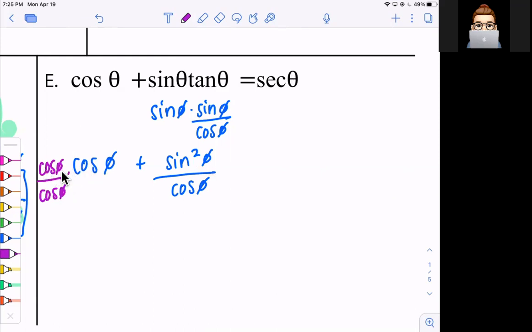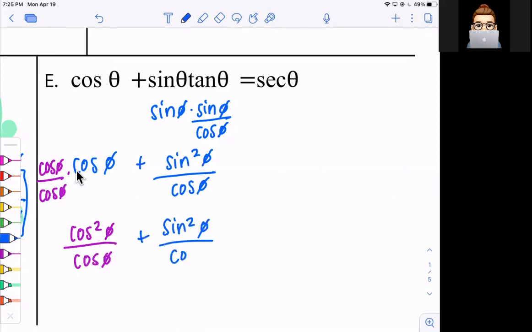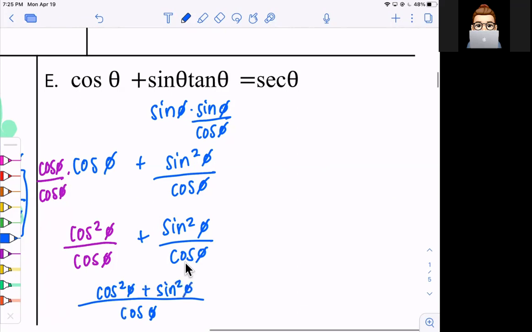So now on top here, it's going to be cosine squared over cosine. This one's coming straight down. Sine squared theta over cosine theta. Okay, now they have the same denominator, so I can write it as one fraction. And I can have cosine squared theta plus sine squared theta.